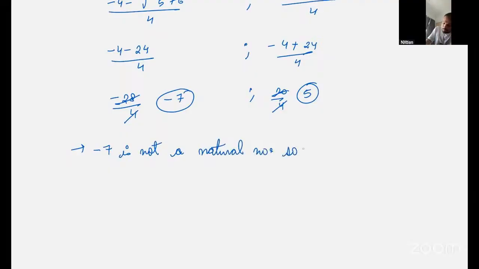So the number is 5 and the next number will be 7. Like that you have to mention it.